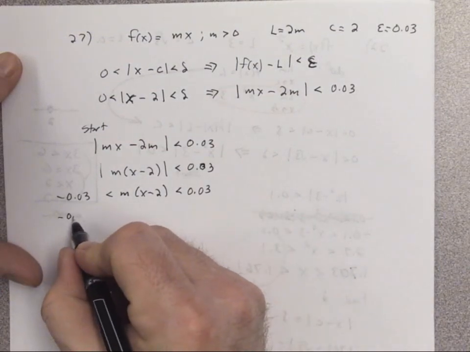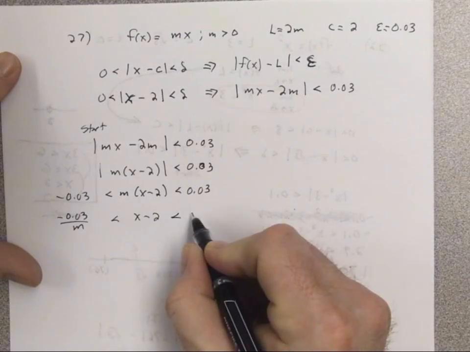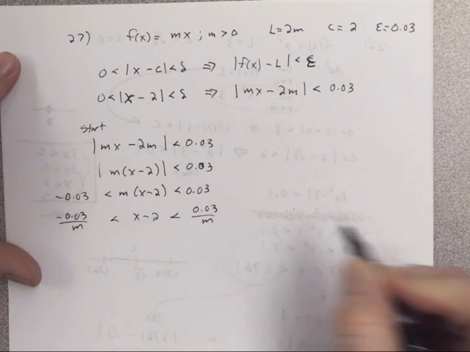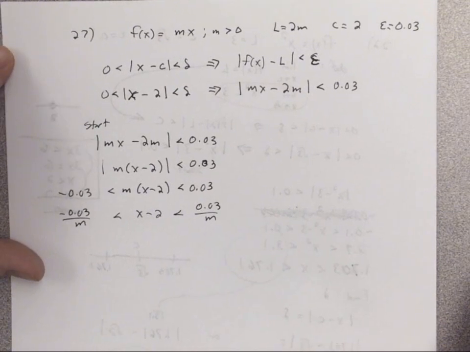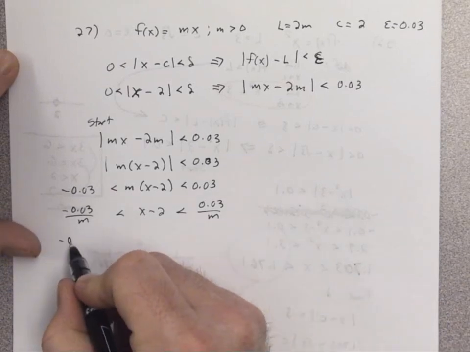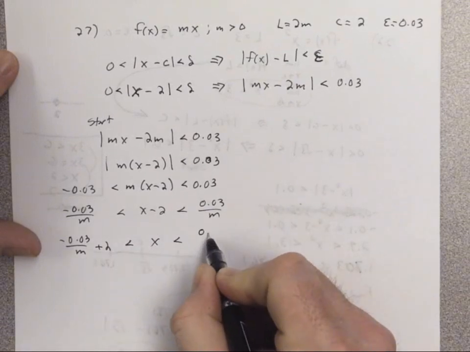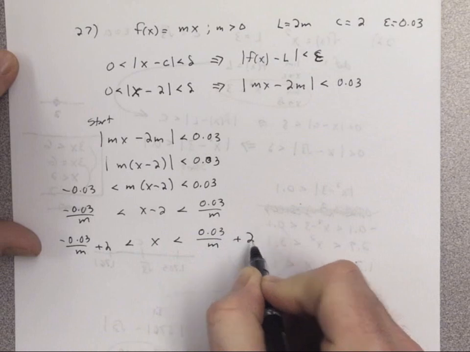So this is negative 0.03 all over m is less than x minus 2, which is less than 0.03 divided by m. Plus 2: negative 0.03 over m plus 2 is less than x, which is less than 0.03 over m plus 2.